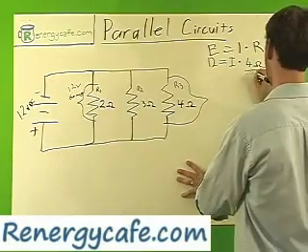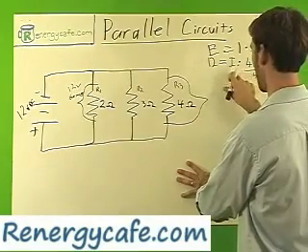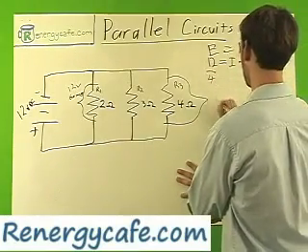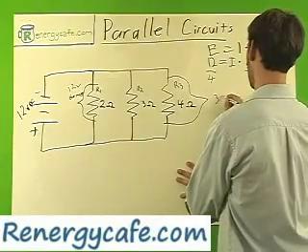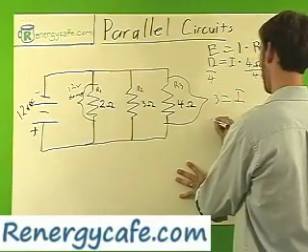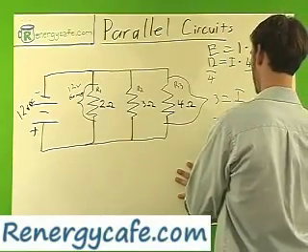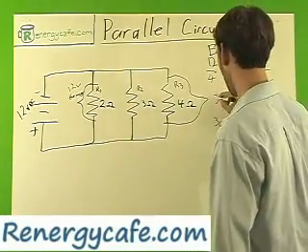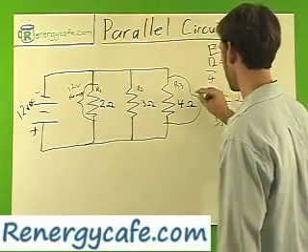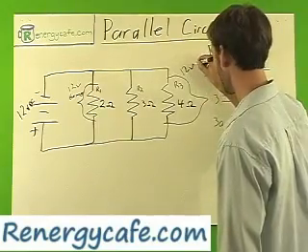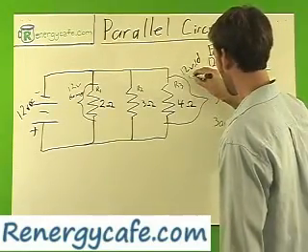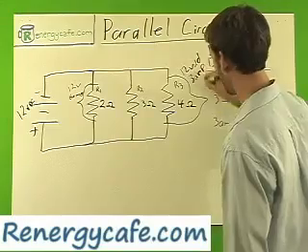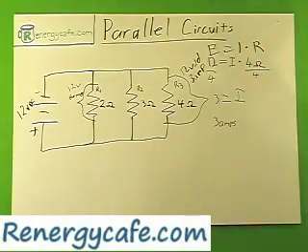So let's divide both sides by 4 so we can get the I by itself. And we end up with 3 equals I. So we have 3 amps. So we know that we have 3 amps, 12 volts, and it's pretty simple to work that out.